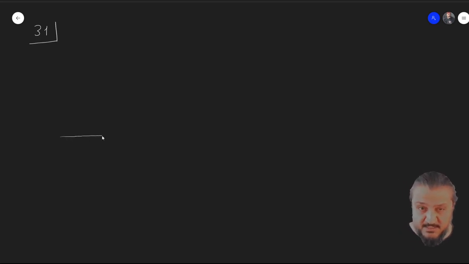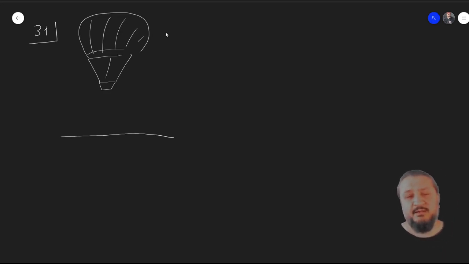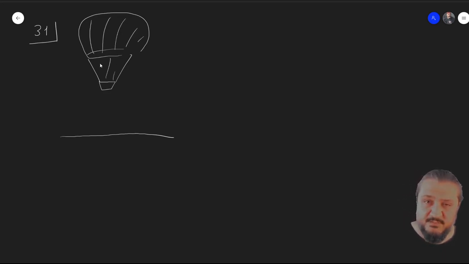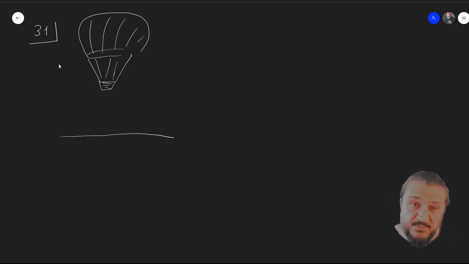So here's the ground, here's the balloon, hot air balloon. Okay, hopefully this drawing makes any sense. The hot air balloon is moving up with a constant velocity of 10 meters per second.